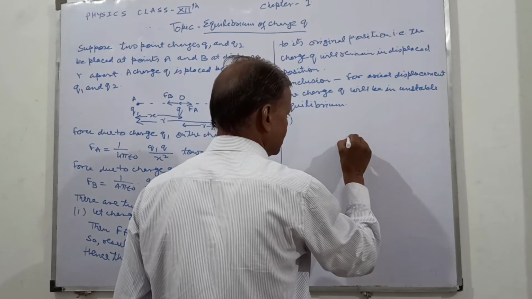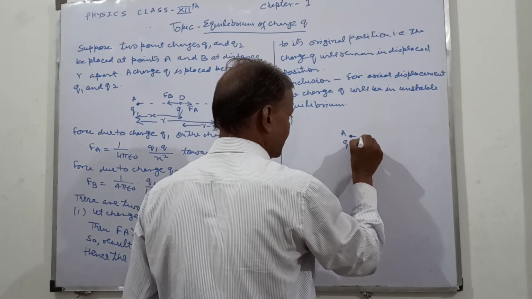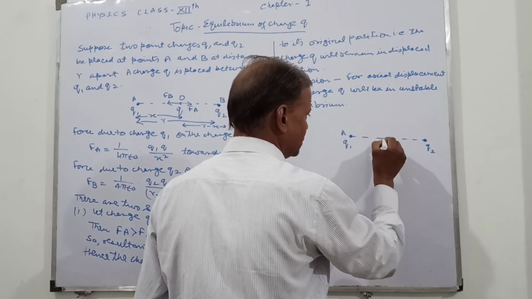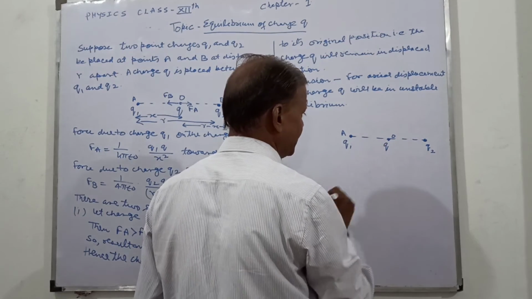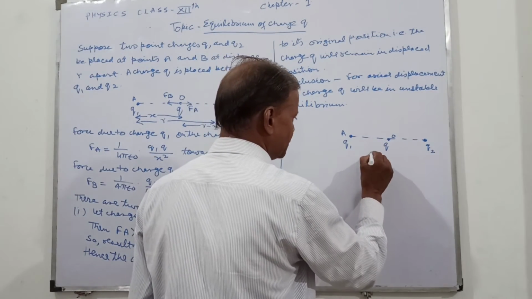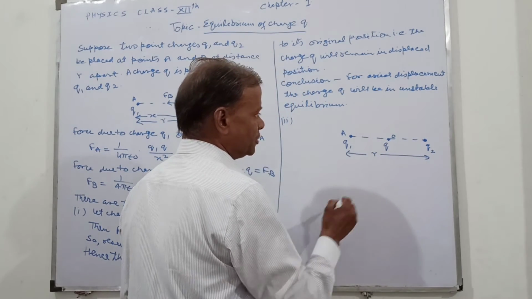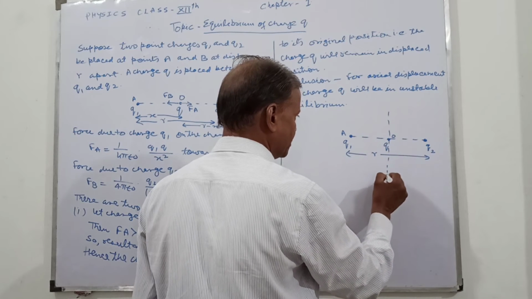Suppose this is the charge Q1, this is charge Q2, and this is point O where charge Q is placed, and this is the distance between them. Suppose this charge is given the perpendicular displacement.